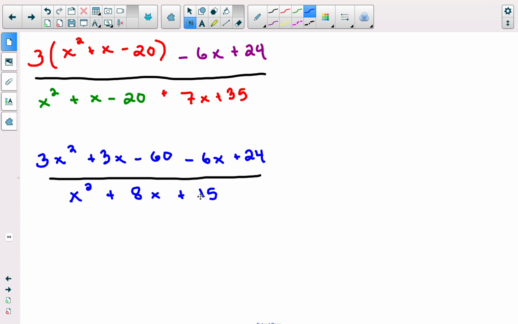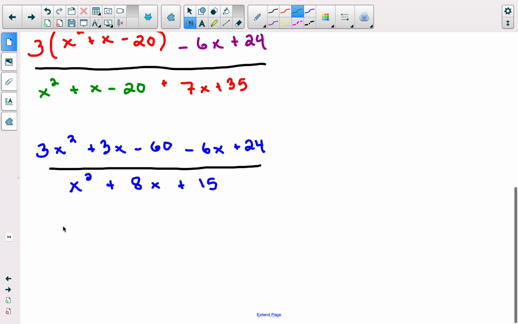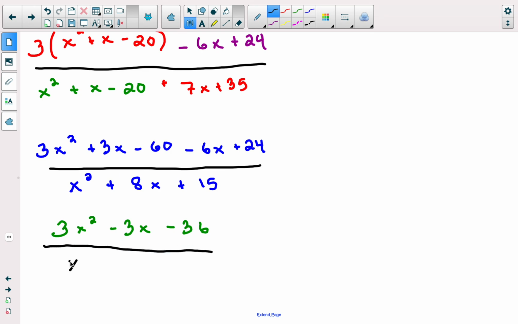Okay, so in the numerator, I can still continue to combine my like terms. So I have now a 3x squared minus a 3x, and what's that? Minus a 36. And then in my denominator here, I have the same thing. So we're at this stage now, x squared plus 8x plus 15.